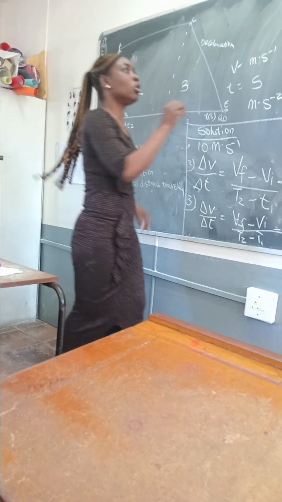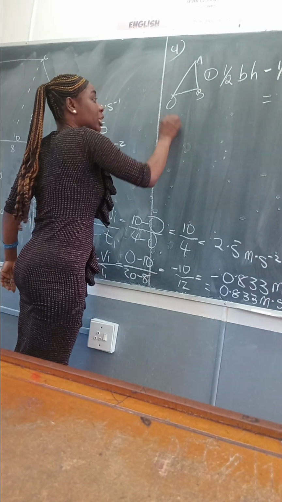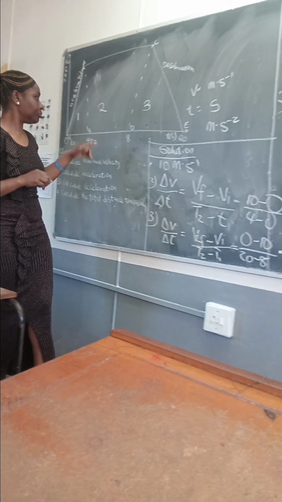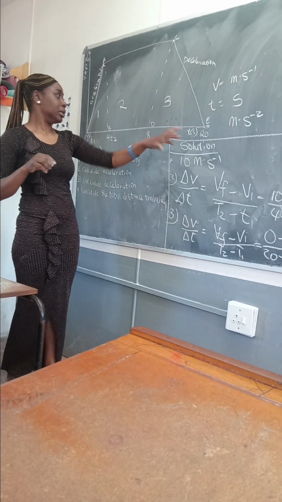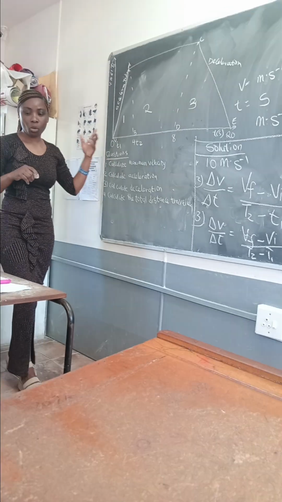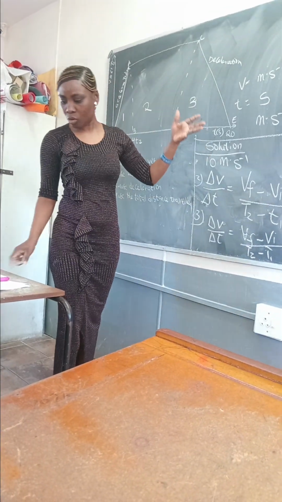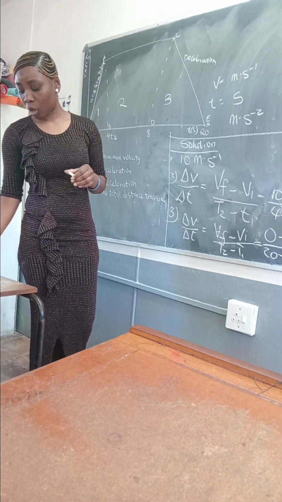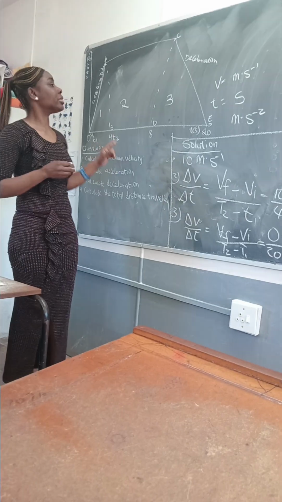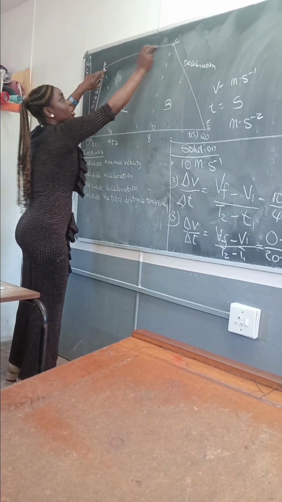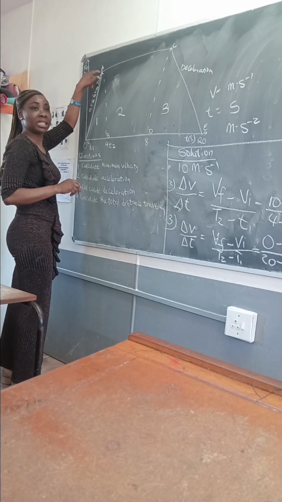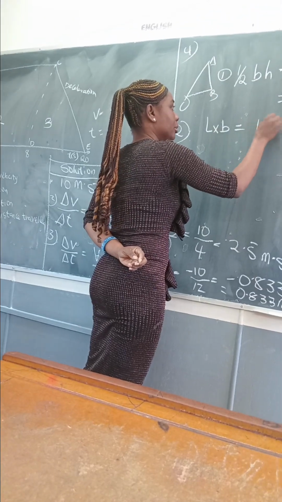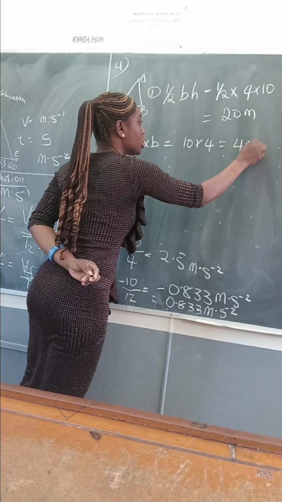So for section 2, we're going to have length times base. 10 is still the height and 4 is the base. So we're going to say 10 times 4, which is going to give us 40 meters.